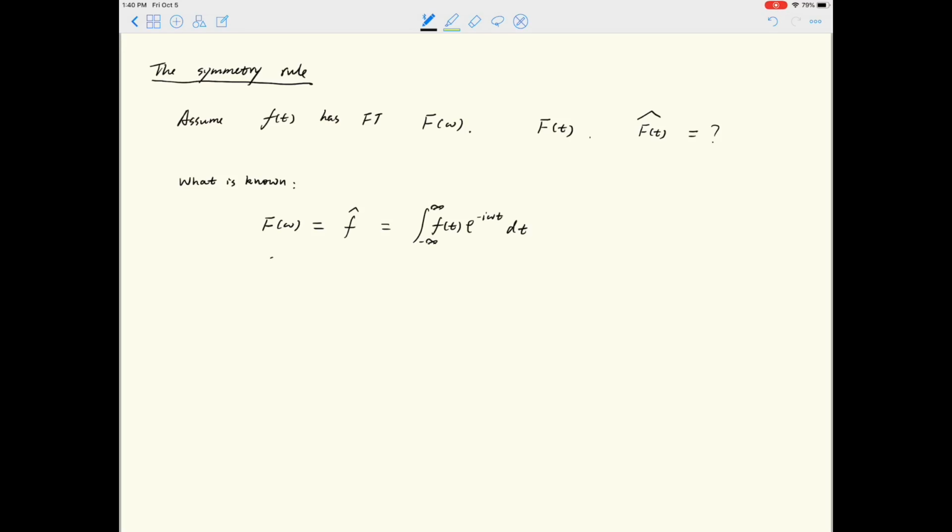So we also have this: little f(t) is the inverse transform of capital F, which is 1 over 2 pi times the integral from minus infinity to positive infinity of F(omega) e to the i omega t d omega. So this is what we know.